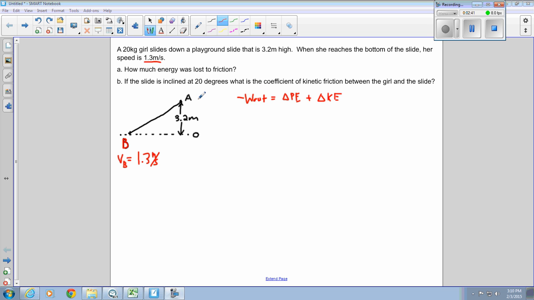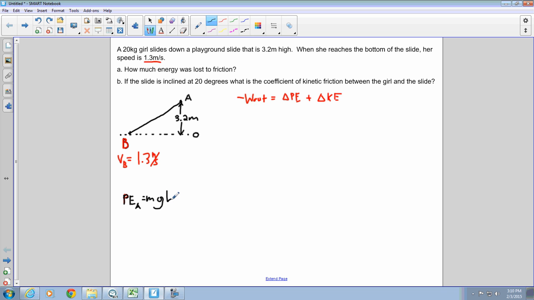And let's back up a second. Let's figure out what our potential energy is at A and what our potential energy at B is. So potential energy at A, let's do this under here, that's equal to the mass times the gravity times the height at A. So what's my potential energy? 20 kilogram girl, 20 times 9.81 times 3.2.